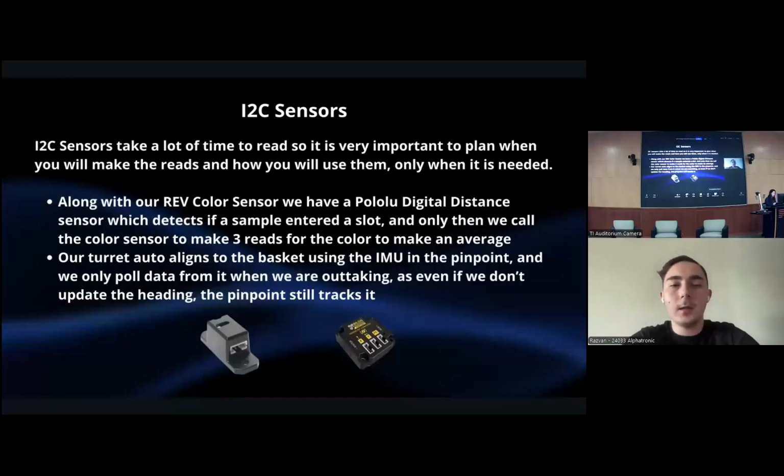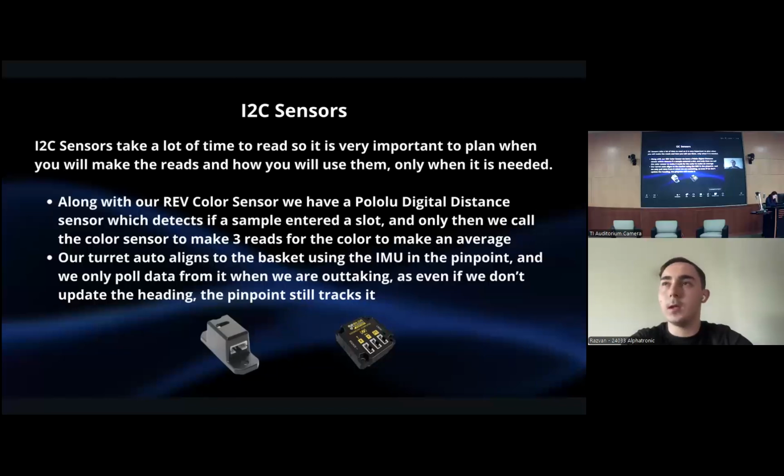And finally, as you probably know, I2C sensors take a lot of time, so you need to be very cautious about how you pull data from them. What we did from the start of the season is having a dual sensor intake.